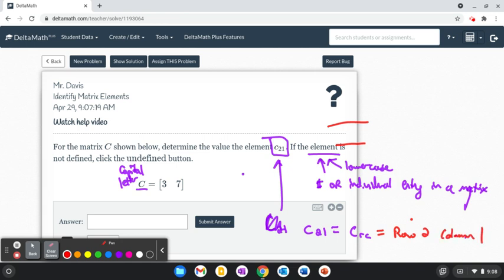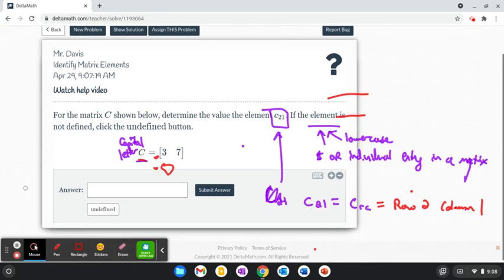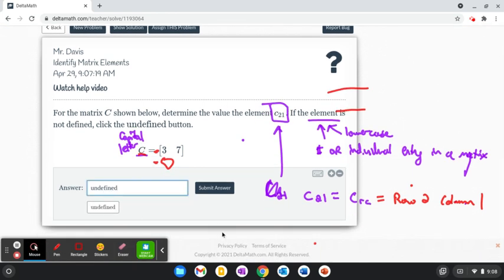All right, so we go and look at the matrix. Row 1 is here. Row 2 actually doesn't exist in this one. So this is kind of a trick question. If it did exist, row 2, column 1 would be right here. But it does not exist. So this one you're actually going to write undefined because, well, there's nothing there.